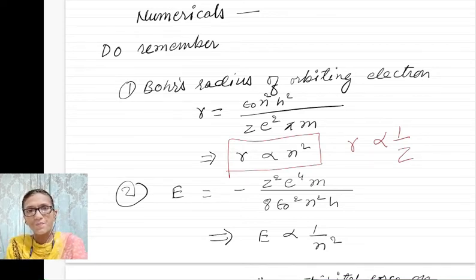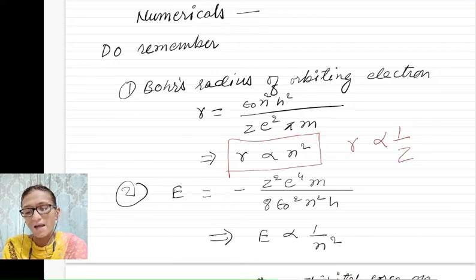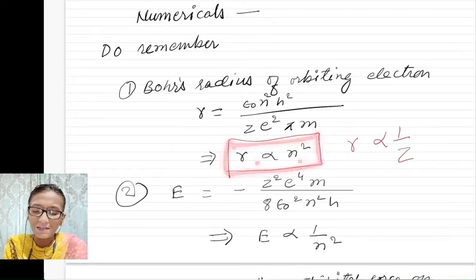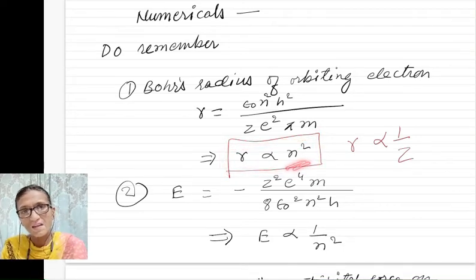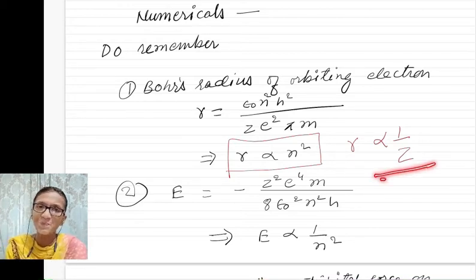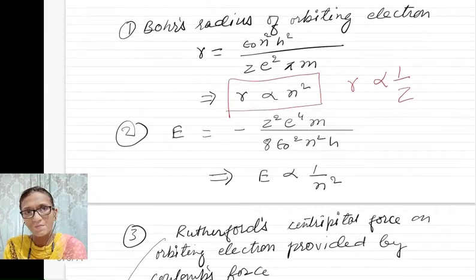Here one thing you will notice, epsilon naught absolute permittivity, Planck's constant h, charge on an electron, pi, and mass of an electron, all these things are constant. So you need to remember that R is directly proportional to square of n. And also for different atoms, suppose you have hydrogen and then helium, lithium, R is inversely proportional to Z, atomic number.